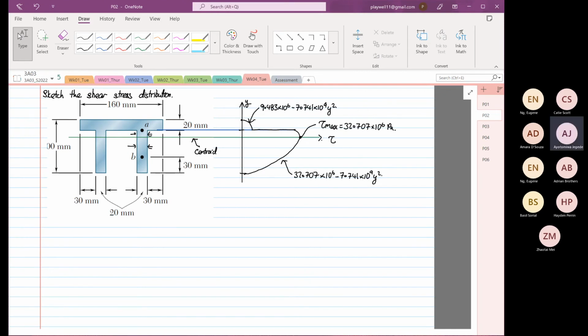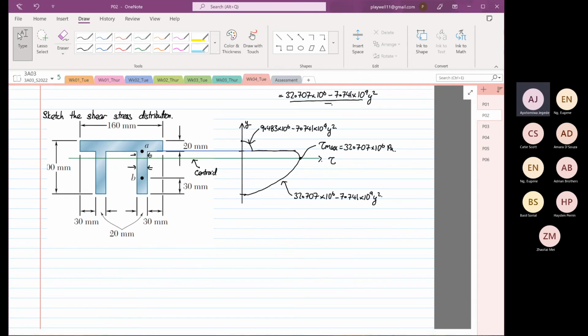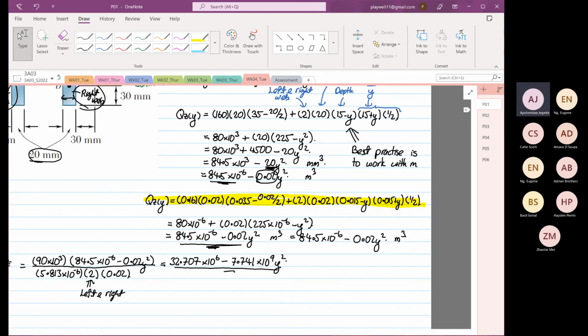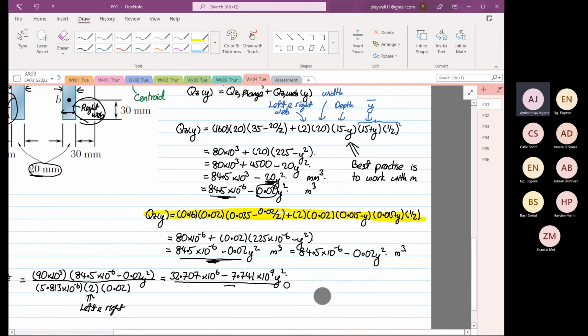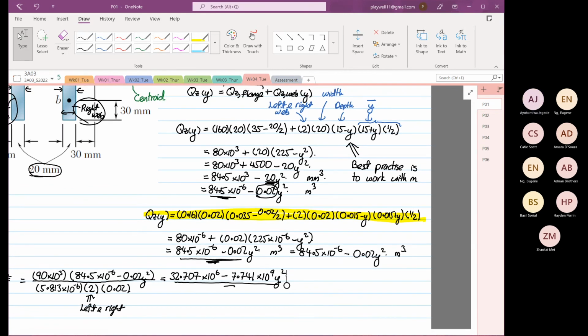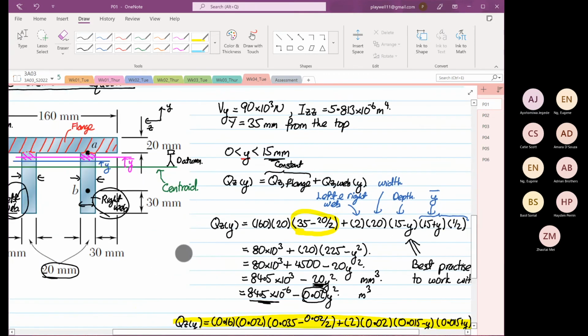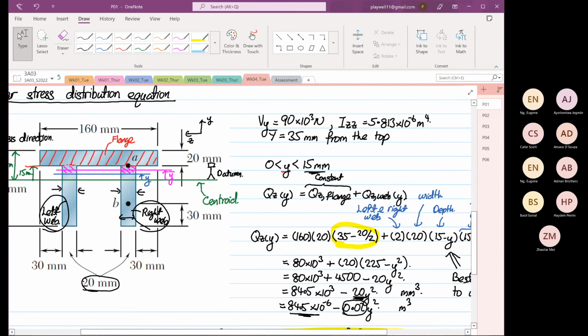I wanted to ask regarding the top section, why did we subtract 20 over 2 from 35 in the Qz equation? So this one, yes. That is because it is the y bar. What do I mean by y bar?